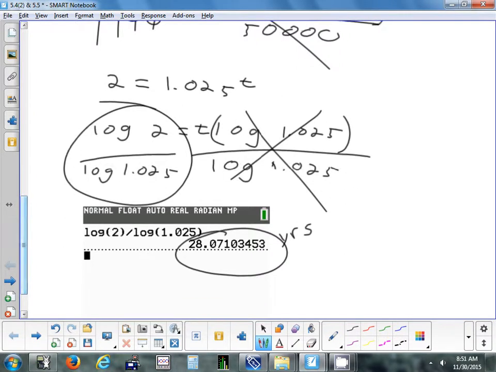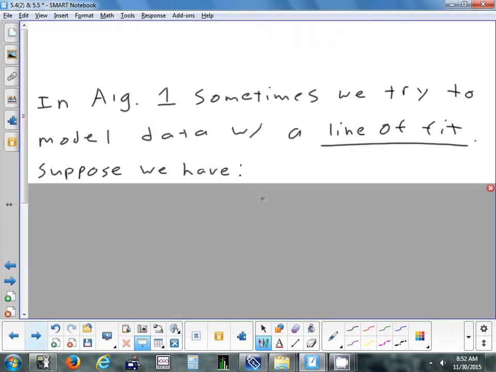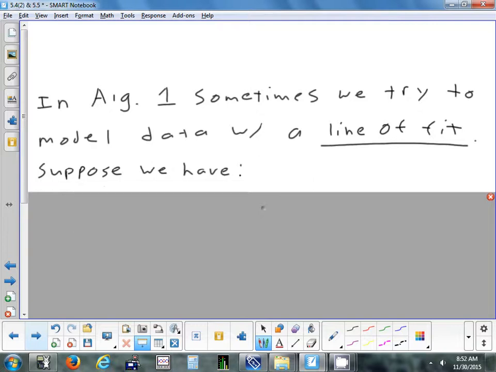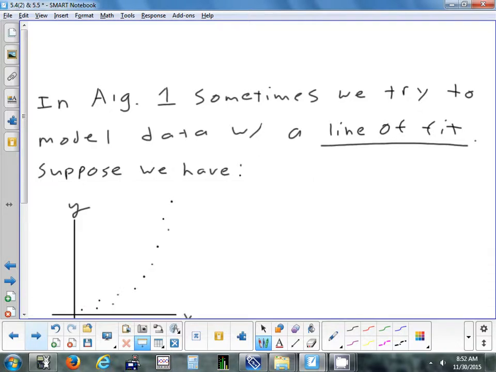All right, so next part, we're going to look at how we can fit basically a line or a curve to a bunch of data. And in Algebra 1, you've done stuff like that. It was called a line of fit. But in this case, how come a line wouldn't be a good model for that data?